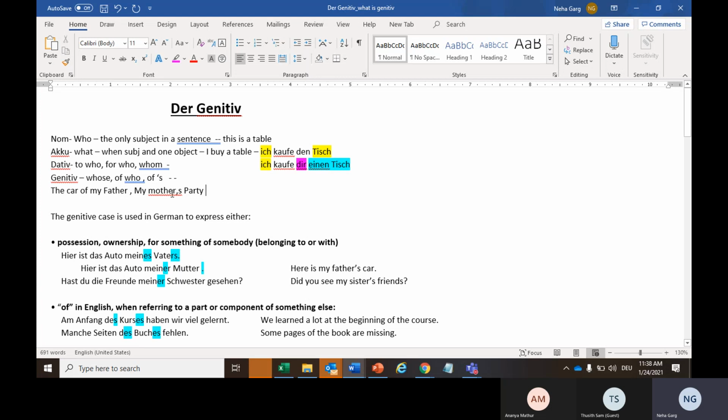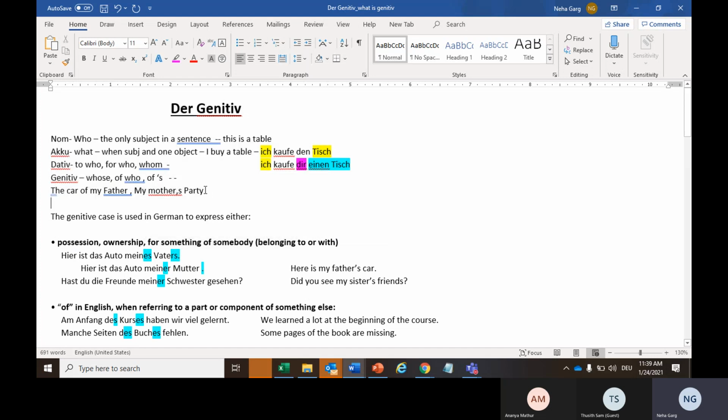So this apostrophe s or this of are basically the genitive case, something which is belonging to somebody else, in the sense of possession, ownership, or something belonging to somebody.